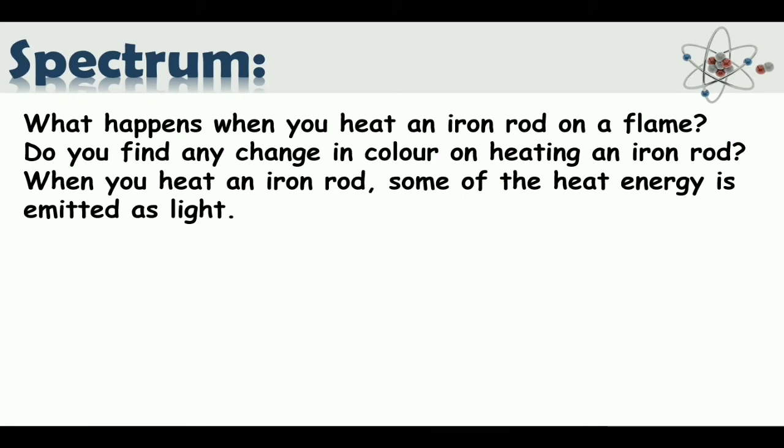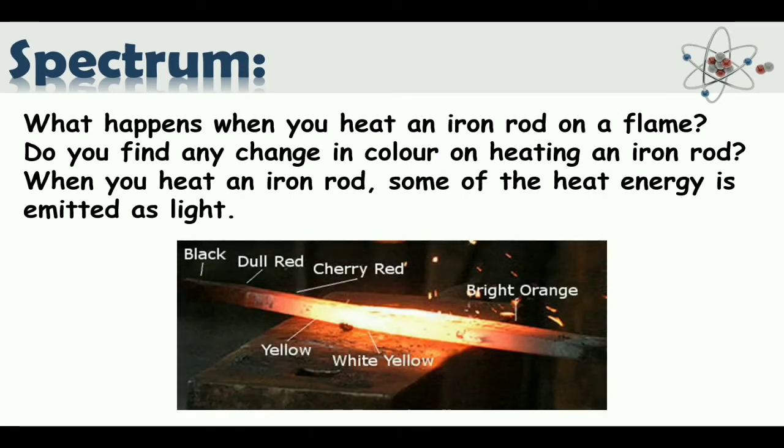You can see, when you heat an iron rod, some of the heat energy is emitted as light like this. As we go on heating the iron rod, it will produce different colors at different temperatures. Starting with black, then it converts into dull red, then cherry red, yellow, white yellow, bright orange.